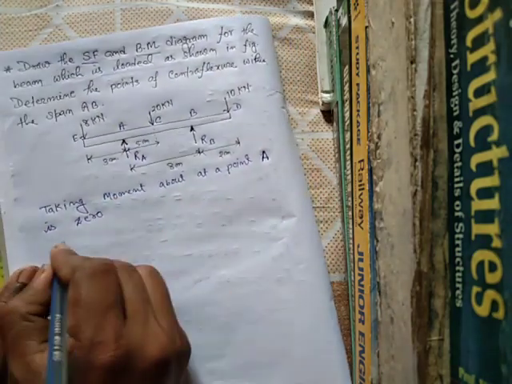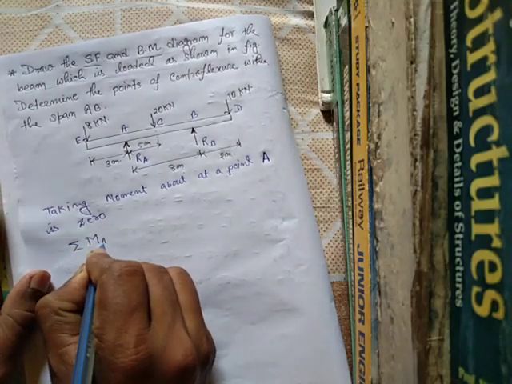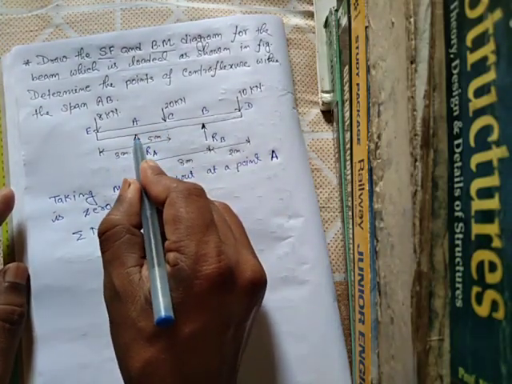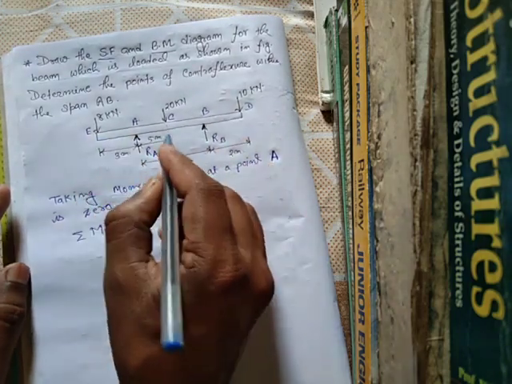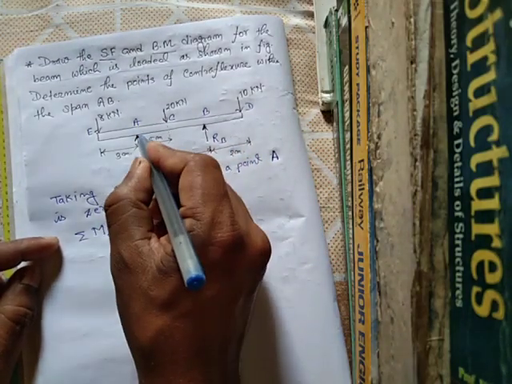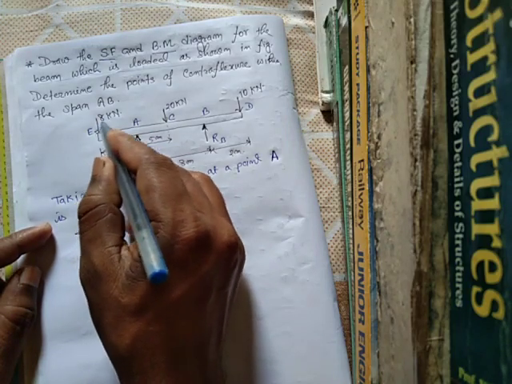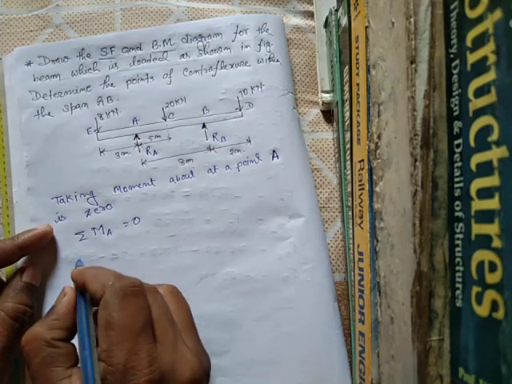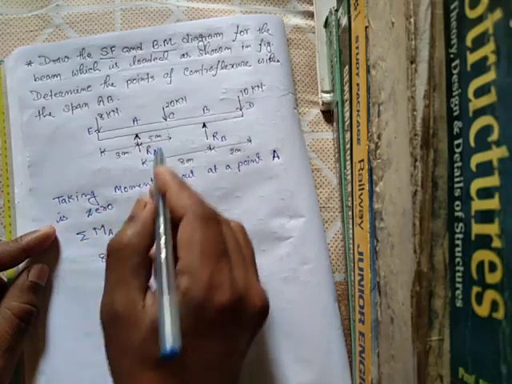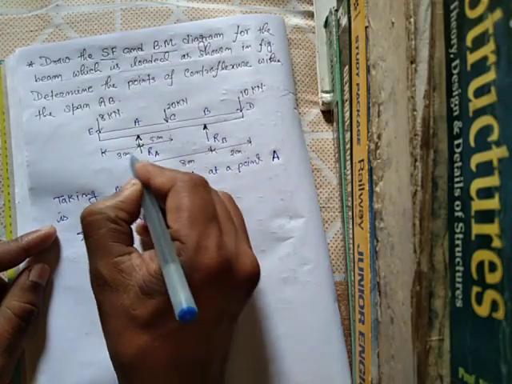So that means the summation of moment about point A equals 0. Now we need to find the moment about point A by all the forces and find the reaction at point B. Moment at point A by this force is 8 into the perpendicular distance 3 meters, 8 into 3, which is anti-clockwise.